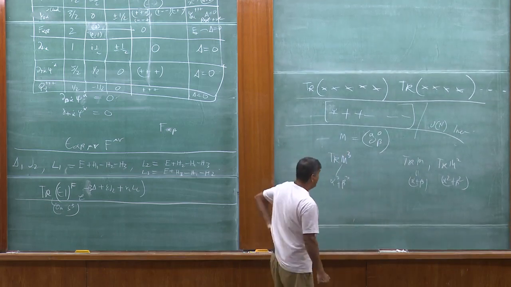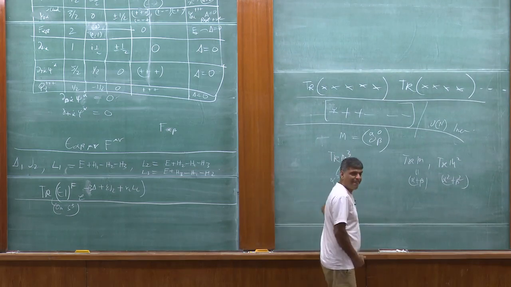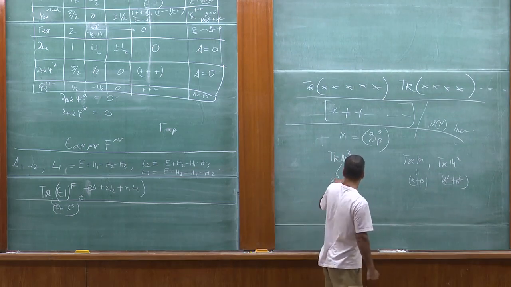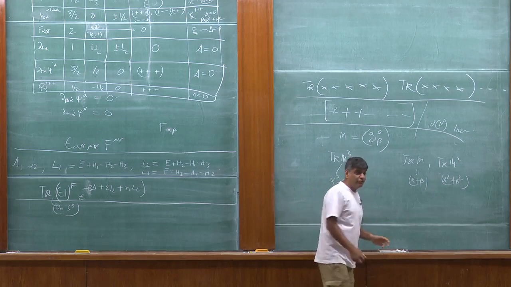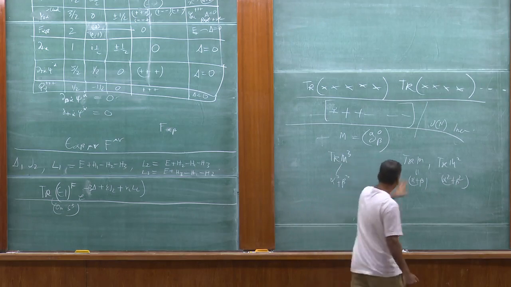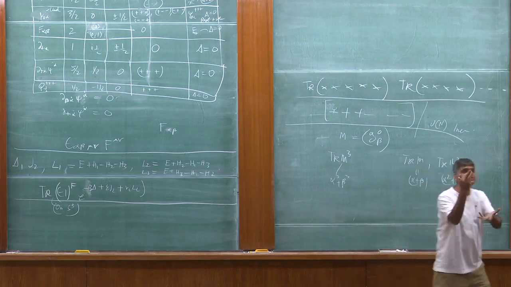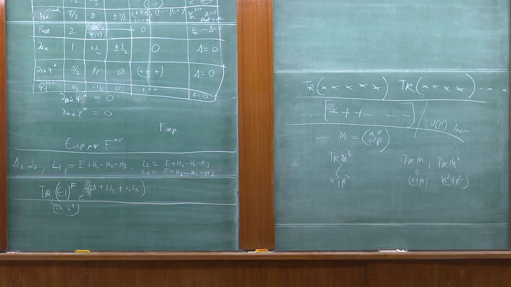Okay, but alpha cube plus beta cube is something that you know if you know both alpha and beta. By knowing trace M and trace M squared, we know alpha and beta because we have 2 equations for 2 variables. So trace M cube is not independent of trace M and trace M squared. In fact, you can write down a polynomial identity.